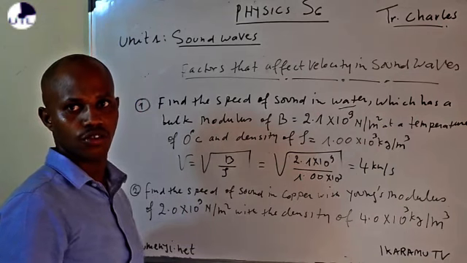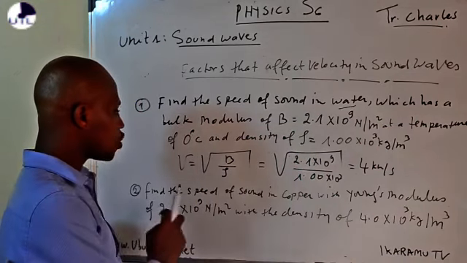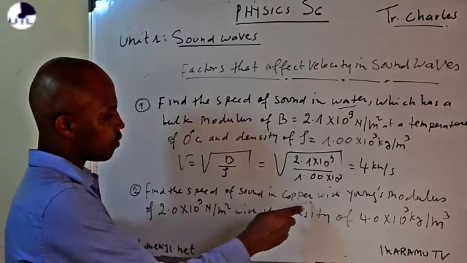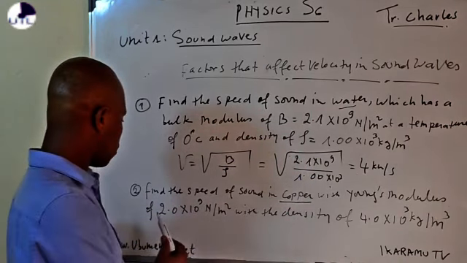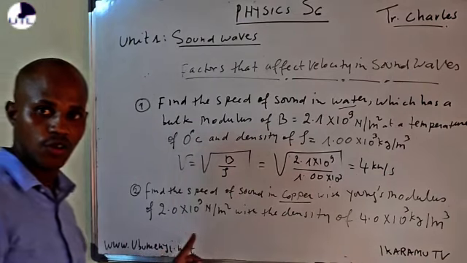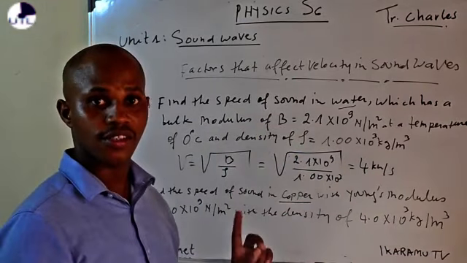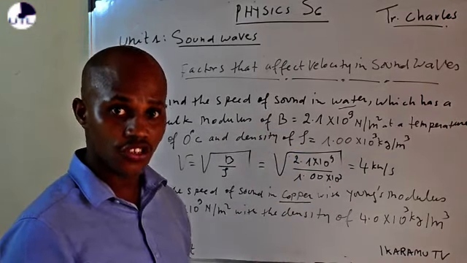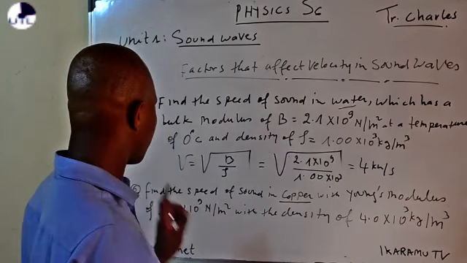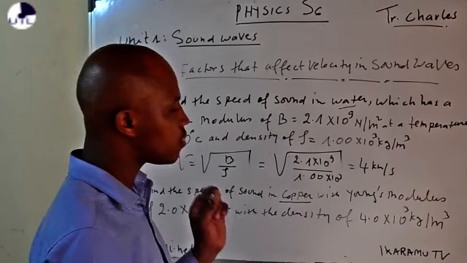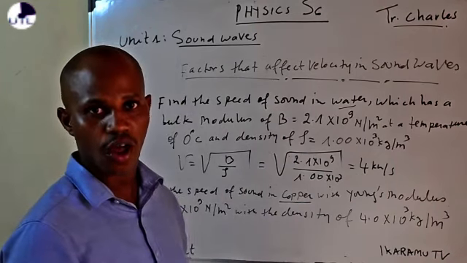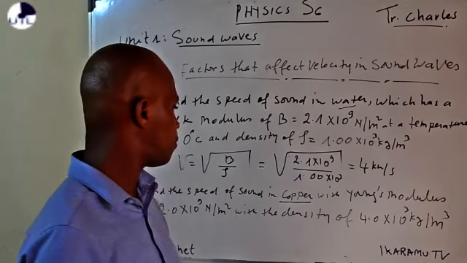What about in solids? Find the speed of sound in copper, with Young's modulus of 2.0 times 10 to the power 9 Newton per meter squared, with a density of 4 times 10 to the power 3 kilogram per meter cube.